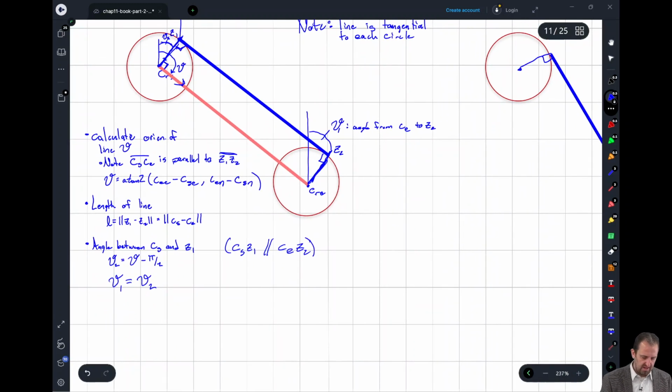And then the last thing that we're really going to need to know is the angle of the line. Oh, I already calculated that.